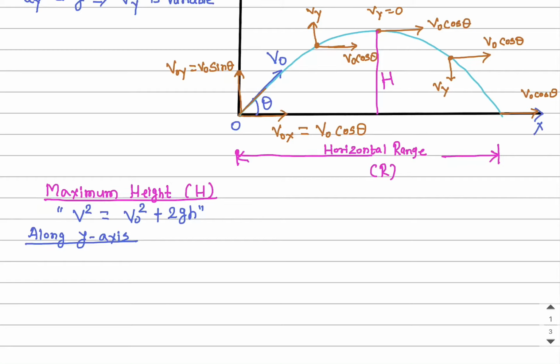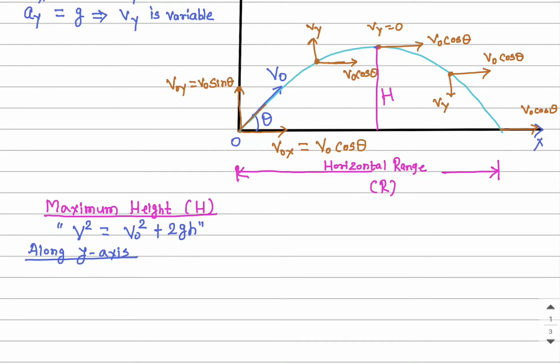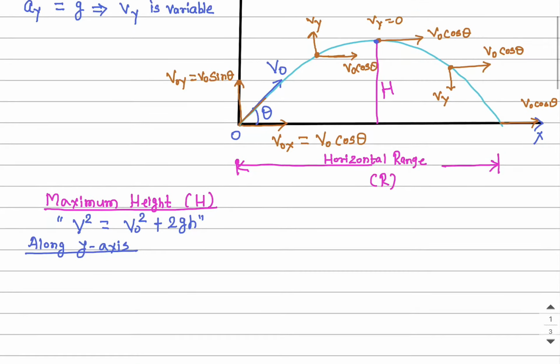So this velocity here is the final velocity, or when it reaches the peak. And we know that when it reaches the peak at this point, the final velocity is 0. So this velocity is 0. And v0, this velocity is the initial vertical velocity.